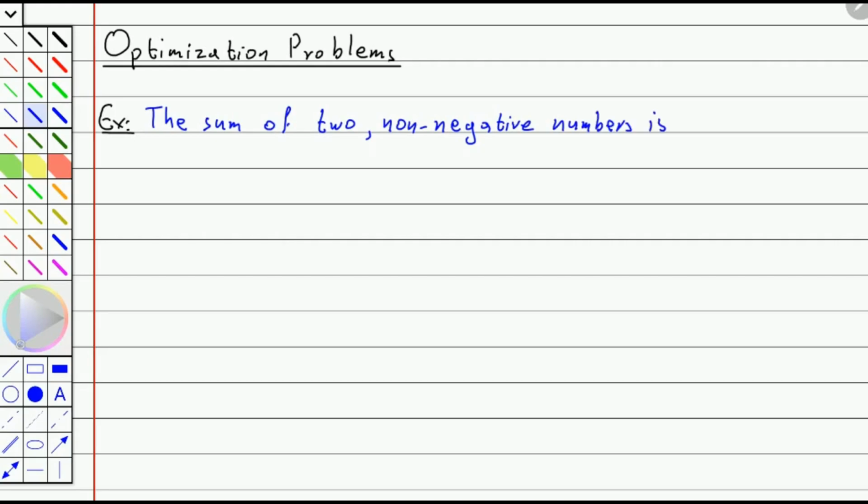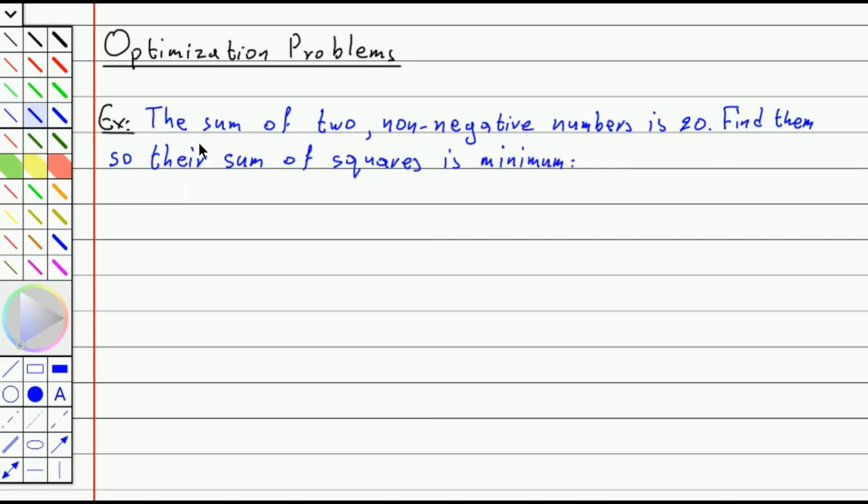Let's start with an example, an algebraic example. The sum of two non-negative numbers is 20. Find them so their sum of squares is minimum.